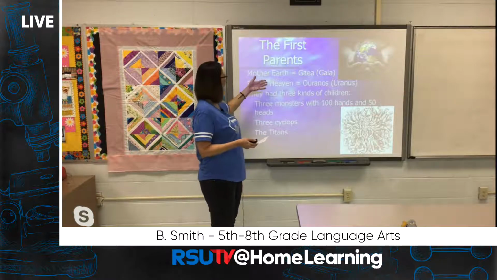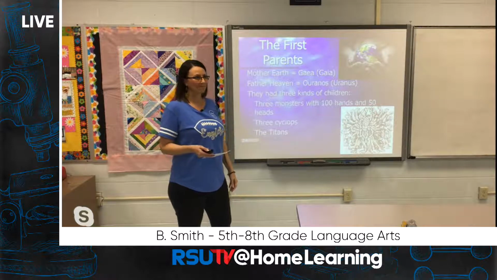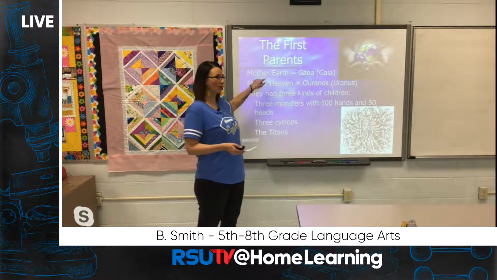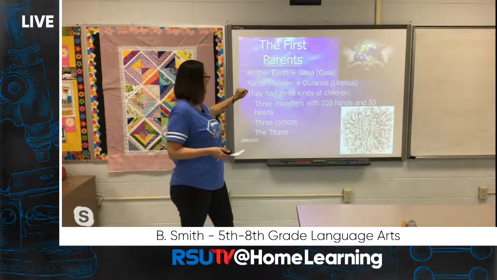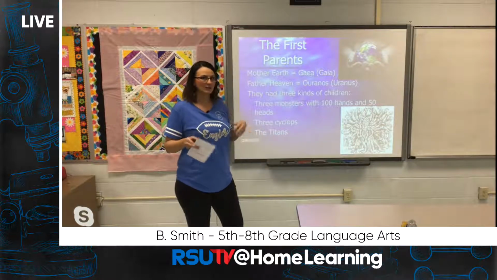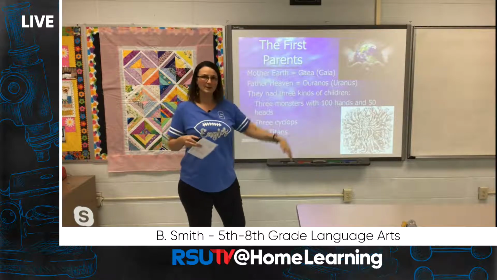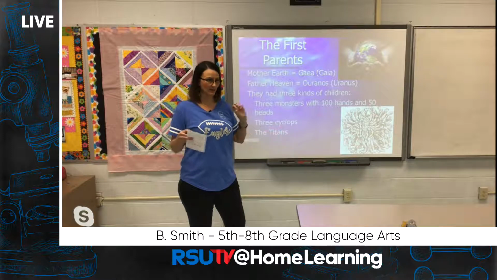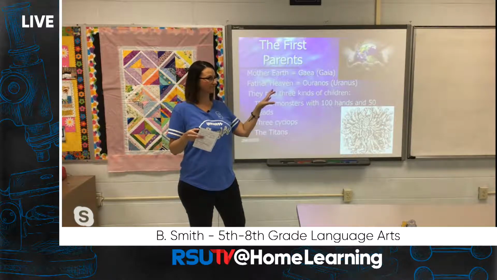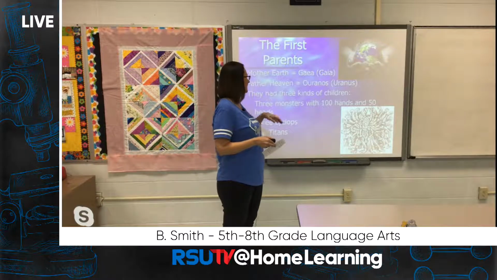So the first parents were Mother Earth and Father Heaven. Did y'all catch that? Mother Earth and Father Heaven. Father Heaven was also called Uranus. When we get into the Roman names of the Greek gods, a lot of them have planetary names. They're associated with different planets. That's what I'm trying to say.